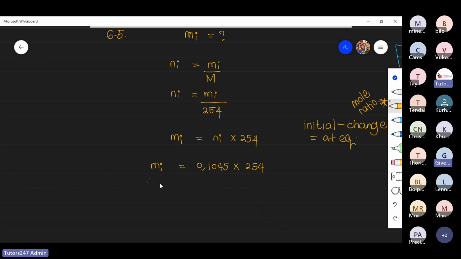Therefore, our initial mass, once you put this into your calculator, gives you 26.54 grams. Always keep in mind that this is chemistry. You do not measure in kgs, you measure in grams.